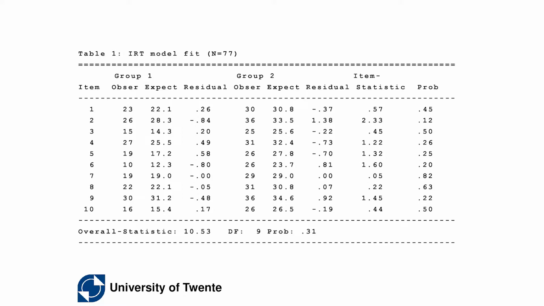You could also do that for the second group, and you also get residuals, and sometimes that is accompanied by an item fit statistic, that is the last two columns. You see an outcome of a statistic and some kind of significance probability that tells you a little bit about model fit. And then here at the bottom you also see some kind of overall statistic. So that's the kind of information that you very often get.